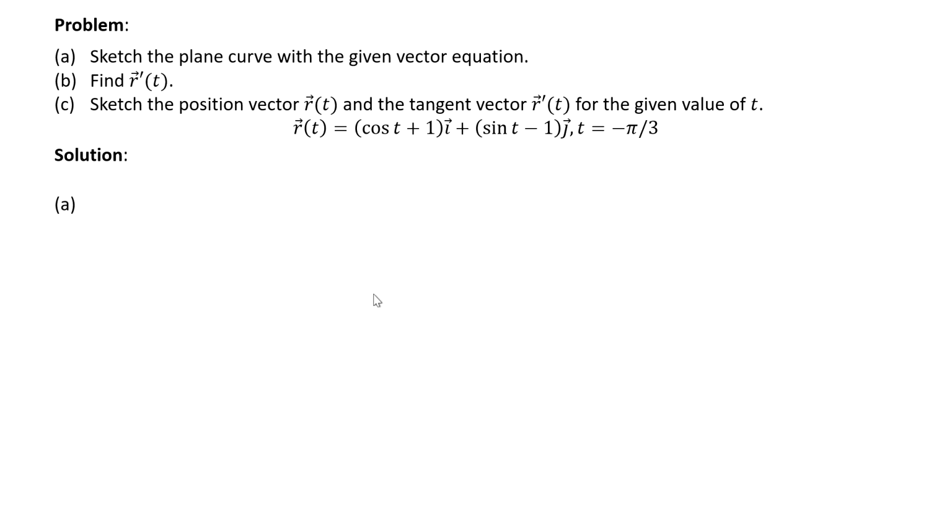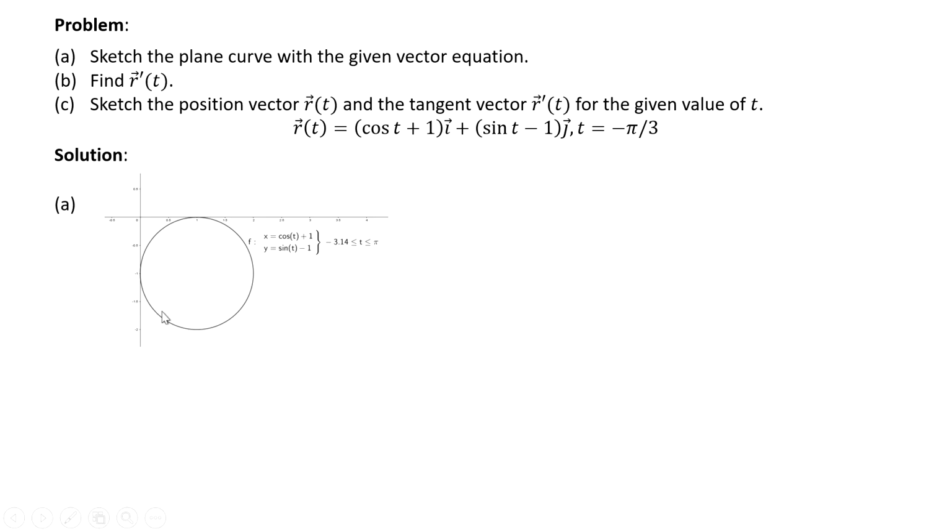How should we do this? I just went ahead and plotted this stuff in GeoGebra. I said curve f of t is equal to curve cosine of t plus 1 comma sine of t minus 1 comma t comma negative pi to pi.